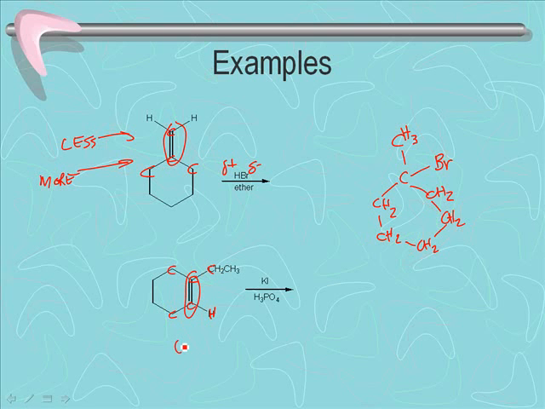So the bottom carbon is less substituted. The top carbon is more substituted. And so when we add HI across the carbon-carbon double bond, we place the hydrogen of the HI on the bottom carbon, the less substituted carbon, and the I on the top carbon. If we draw this structure without stereochemistry, it would look like this.